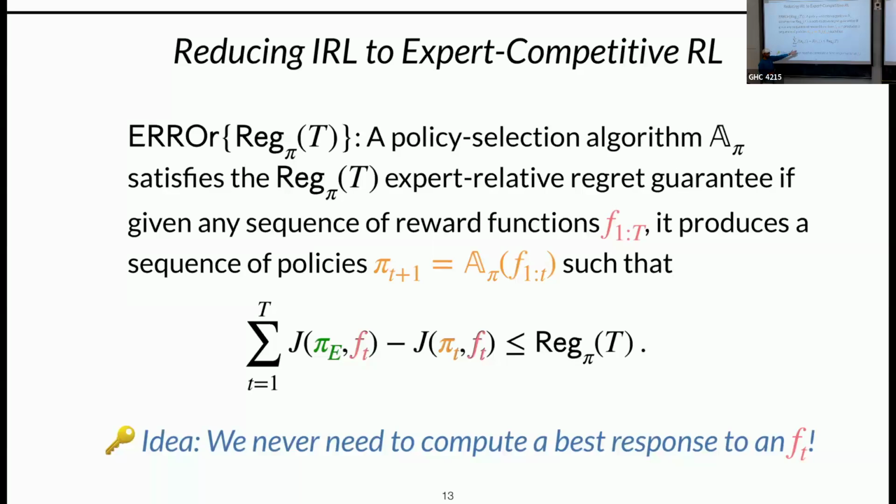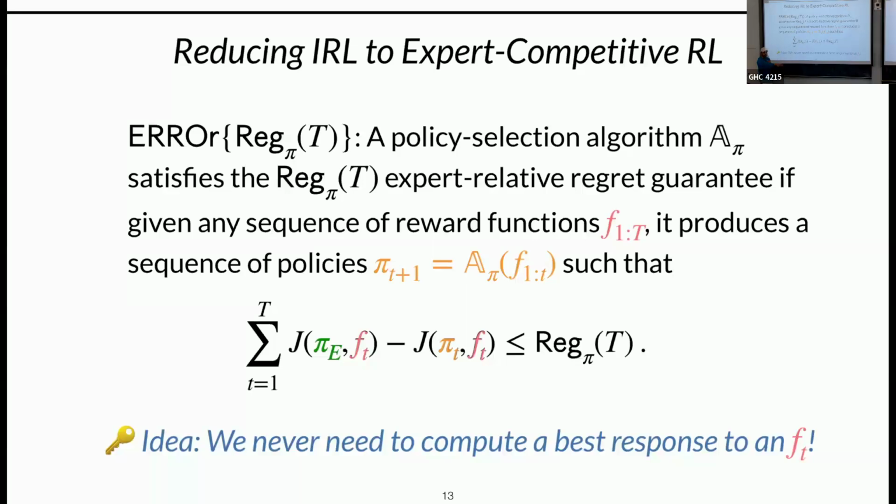So if at every round I did the thing we talked about for the dual algorithms, where I compute the best response to this reward function, then I will satisfy this condition. Because at every single round, my policy pi_t looks better than the expert under that particular round's reward function.